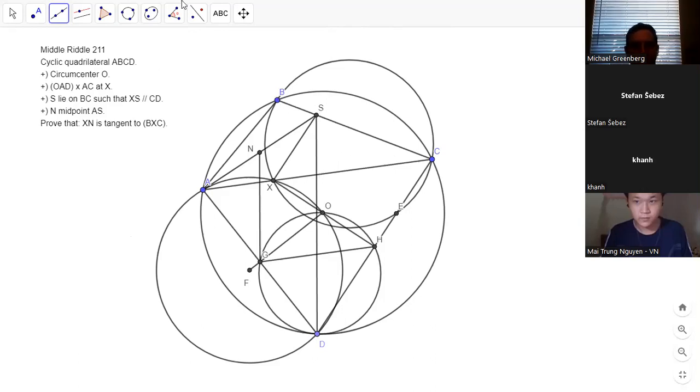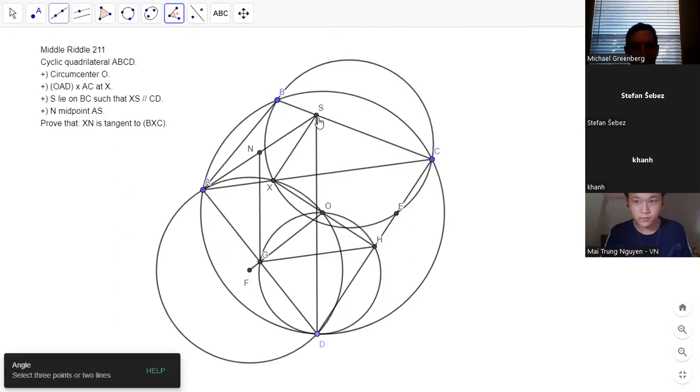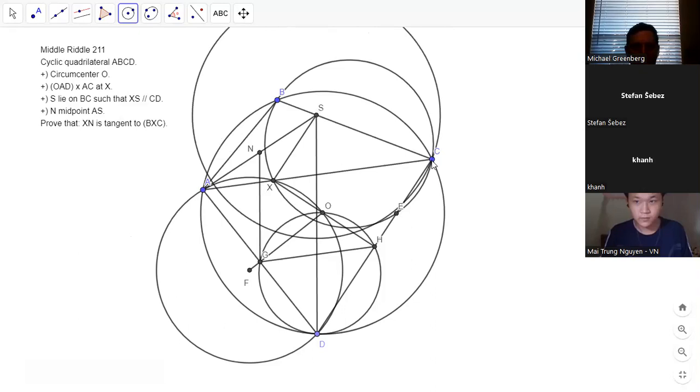So let me check some angles here. Actually, let me check this.